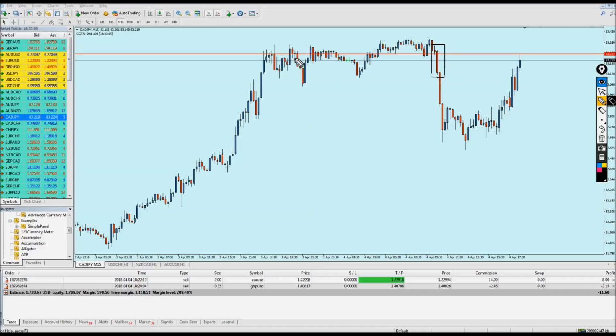I see any resistance passing this breakout candle. There is no resistance here. There is no resistance here. No resistance here. Only this resistance here. We can see it actually touching this level of the breakout candle. Therefore, placing a sell here was the right decision.